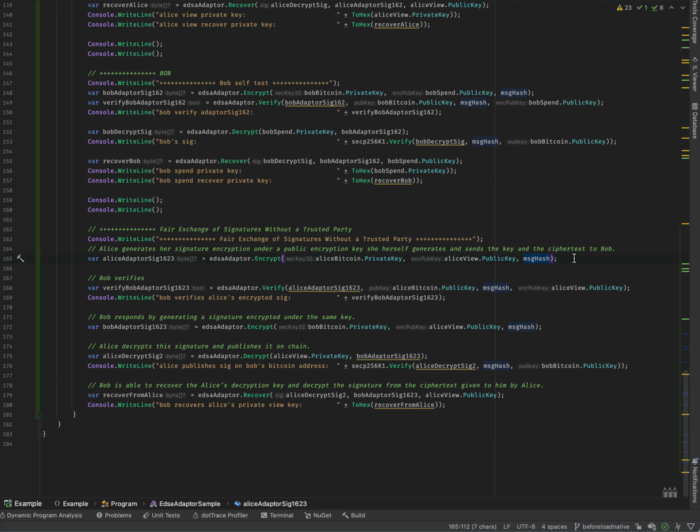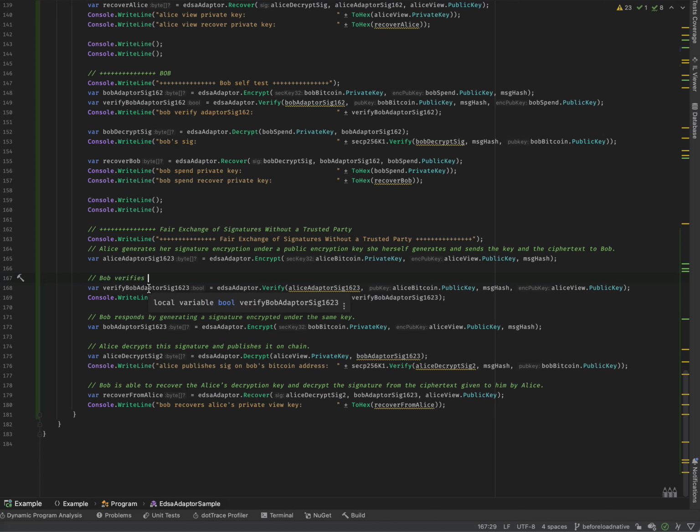It can be anything. She sends this over to Bob, and then Bob verifies her adapter signature using her Bitcoin public key, the message that they agree on, and then the encrypted public key of the secret that they want to leak. So he then verifies that this is correct.